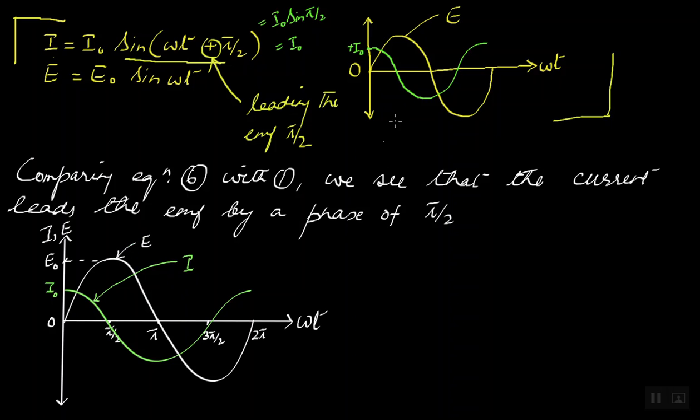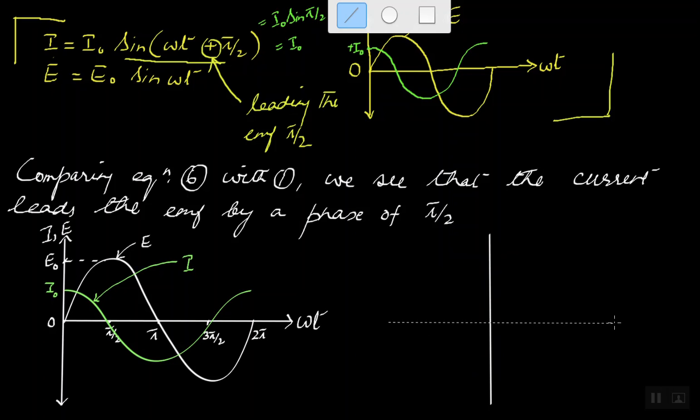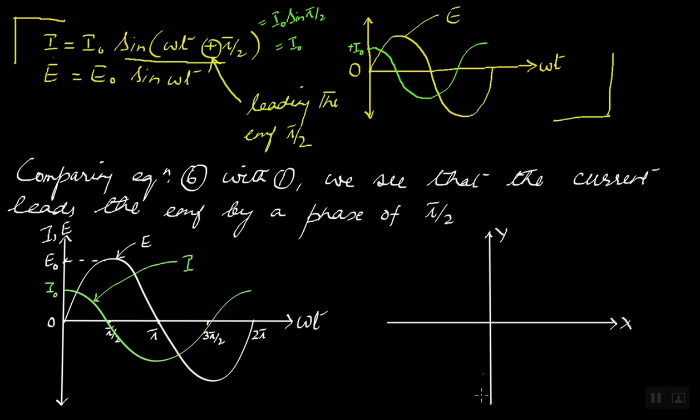All right. Now the phasor diagram. Y-axis, x-axis. The EMF, with respect to the x-axis, is this much. This is E naught already rotating, making an angle omega t with the x-axis.